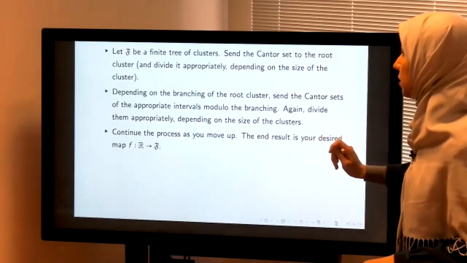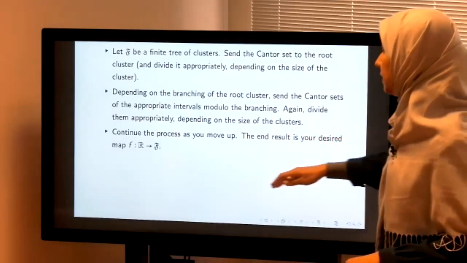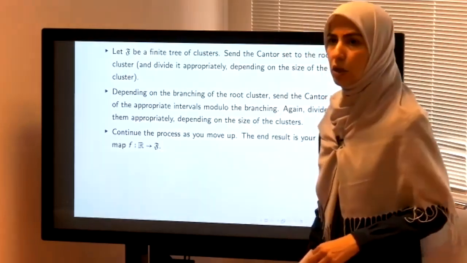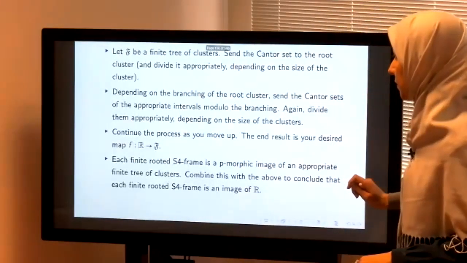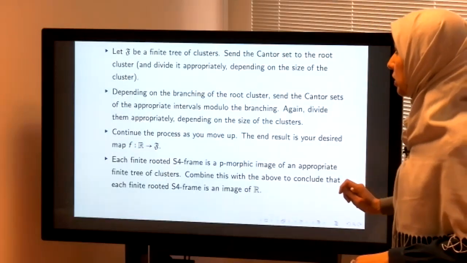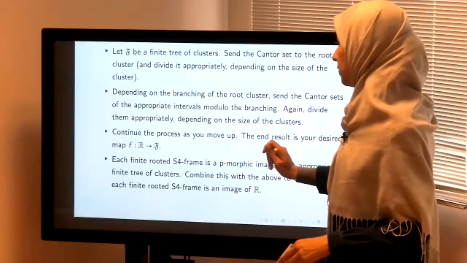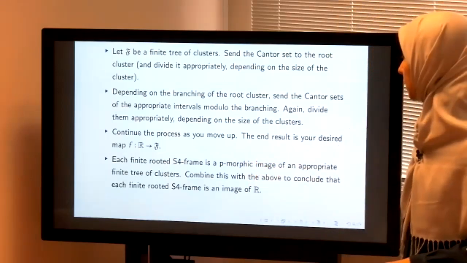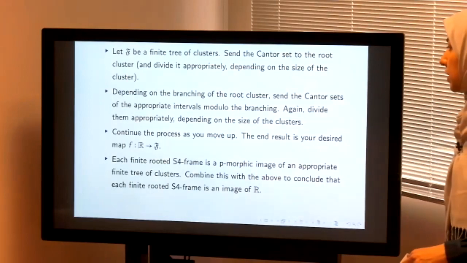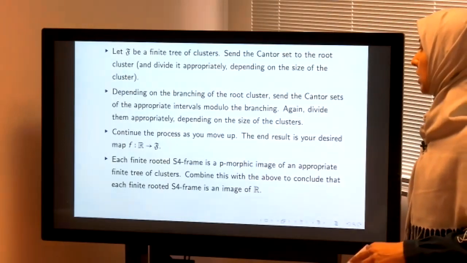And continue the process, then the result is a map from R to F. So we can show that each finite rooted S4 frame is a p-morphic image, I mean the interior image, of an appropriate finite tree of clusters.